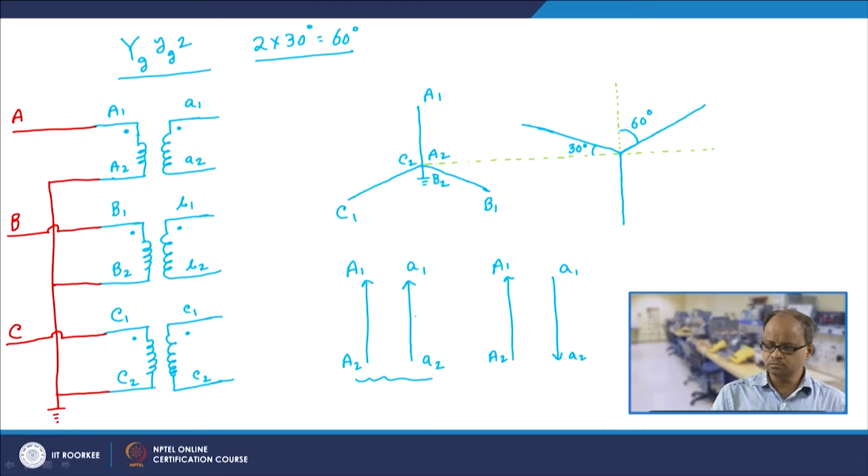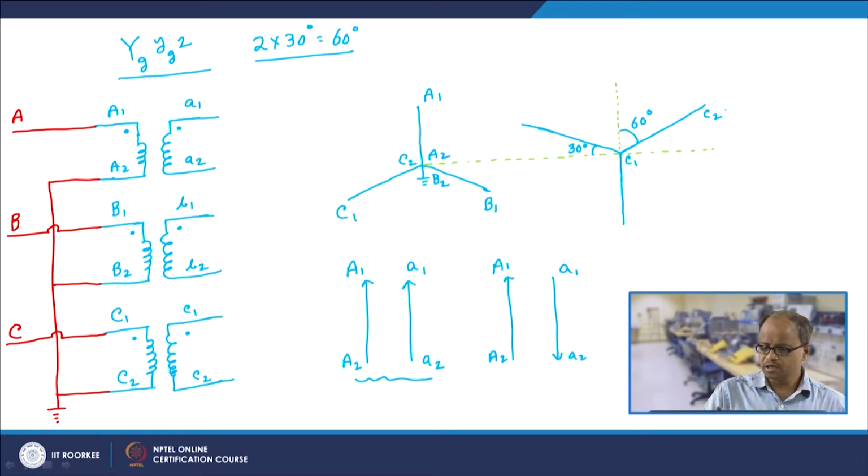If this has to be in phase, then if this is capital C1 C2, this also should be small c1 and c2, because these two voltages are in parallel and in phase, because we have put these dots like this.